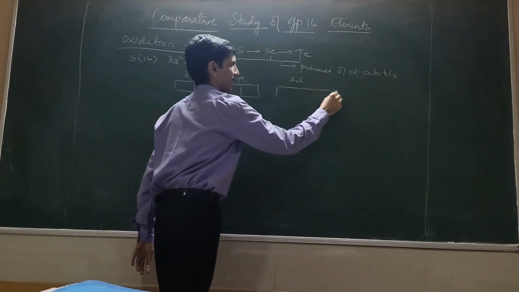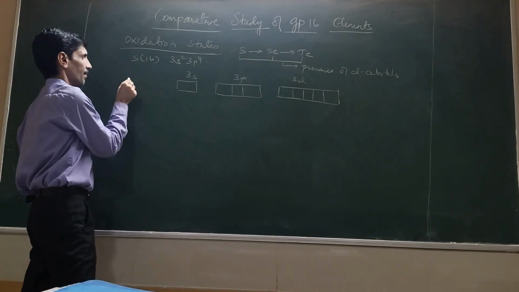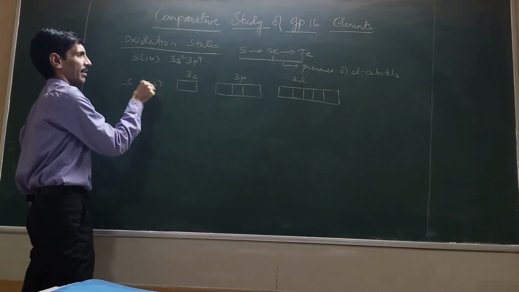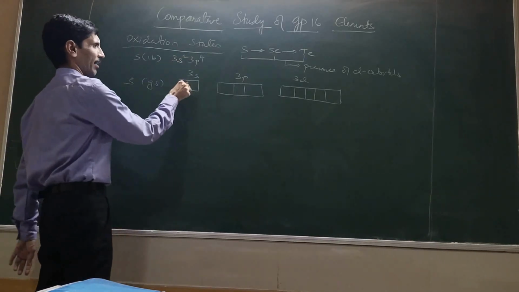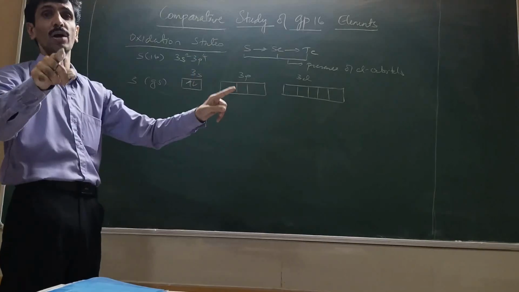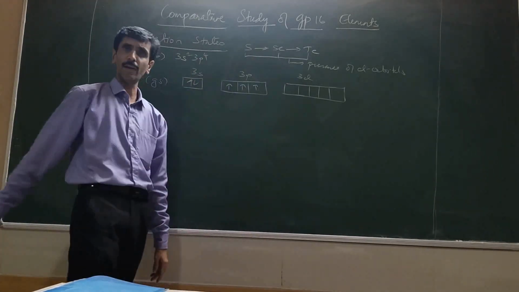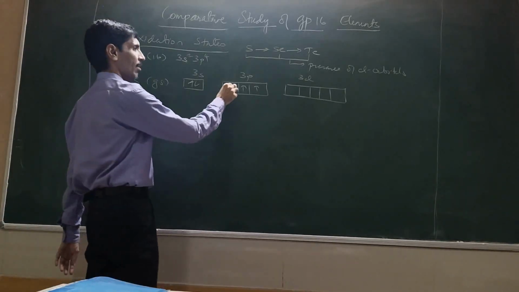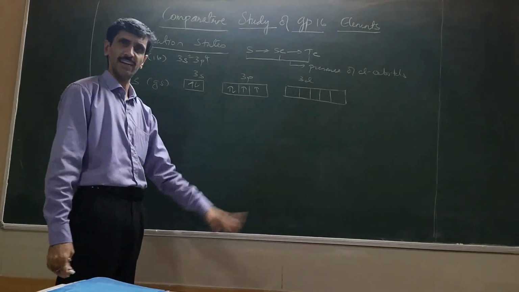Now, for sulfur, I show first of all the ground state, the lowest energy state. So 3s2 3p4, so 2 electrons over here. 4 electrons I want to arrange, so I strictly follow Hund's rule, which says single, single, single in all the available orbitals, and then you go for pairing. So this is what the arrangement is.